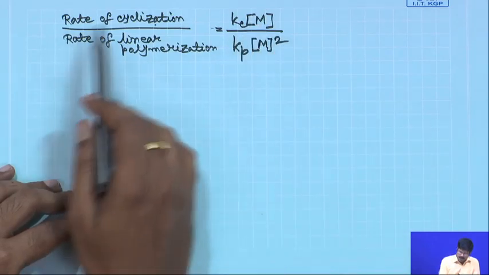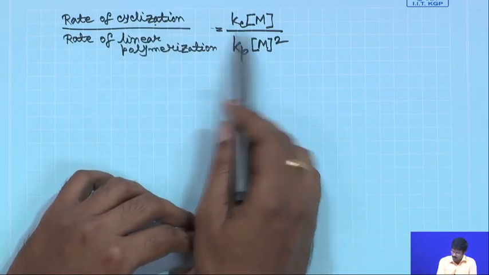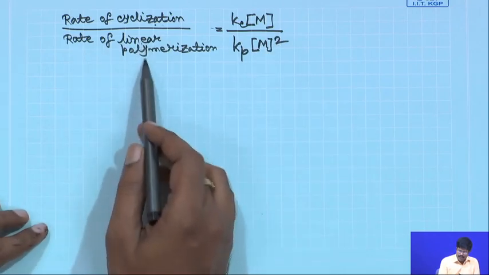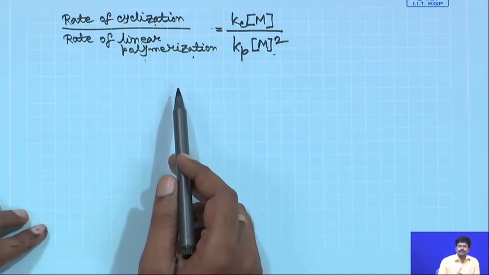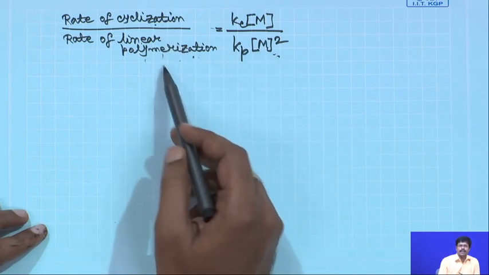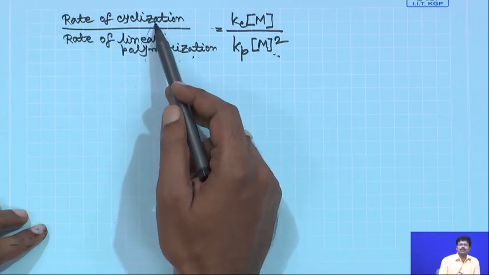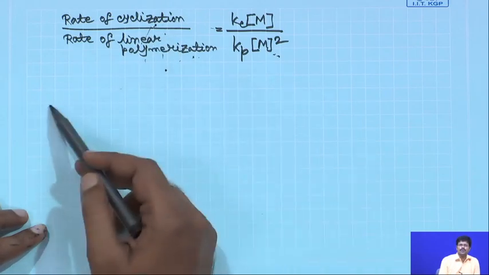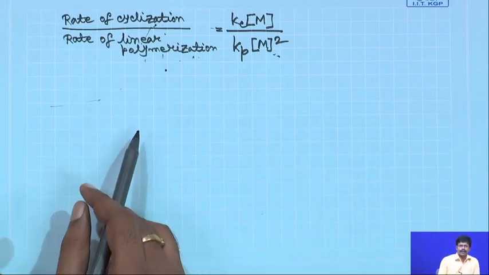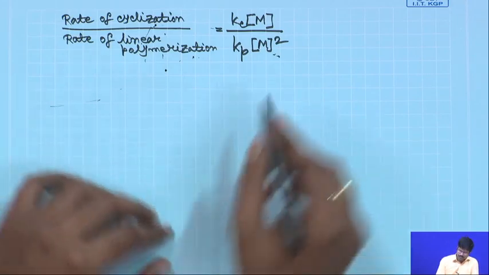Now, this is because cyclization is basically an intramolecular process, and linear polymerization is an intermolecular process. So, in effect if you go to high concentration, then linear polymerization will be favored. If you go to a dilute system, cyclization will be favored, because the different chains will be far from each other and they can cyclize easier, intuitively.